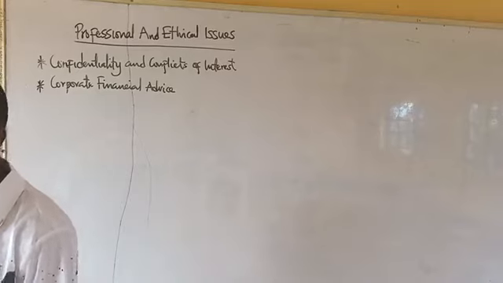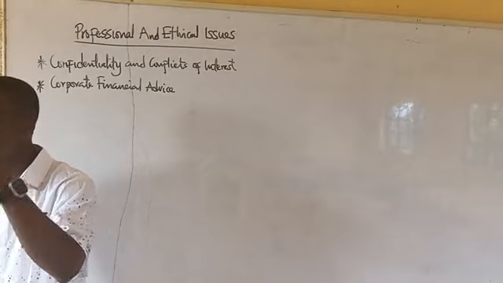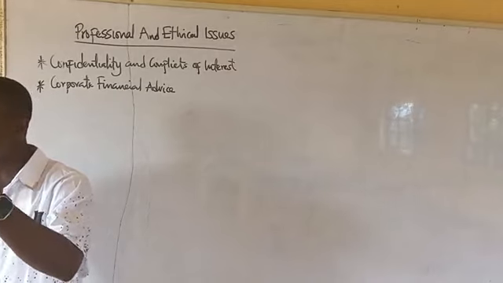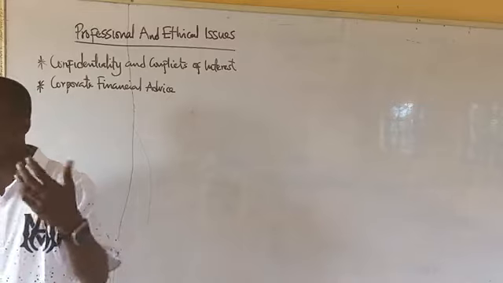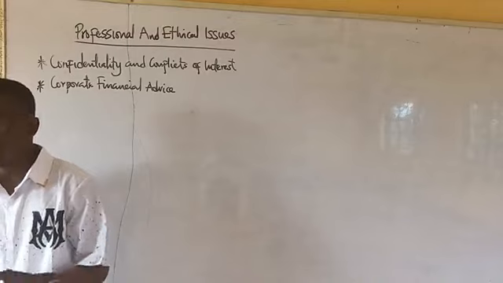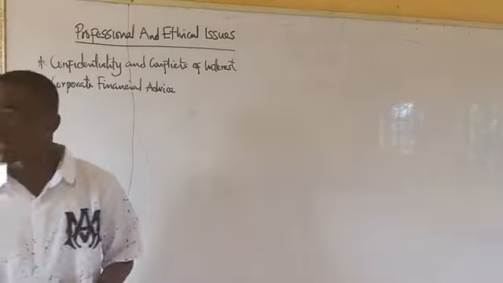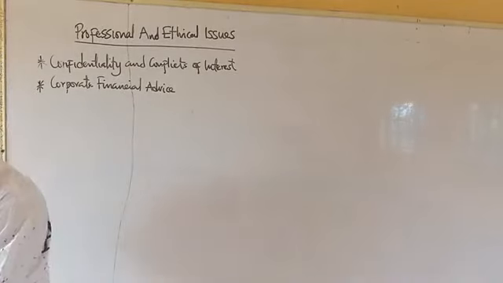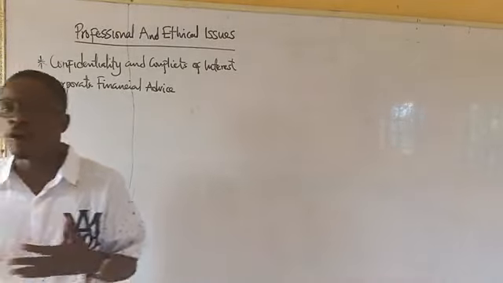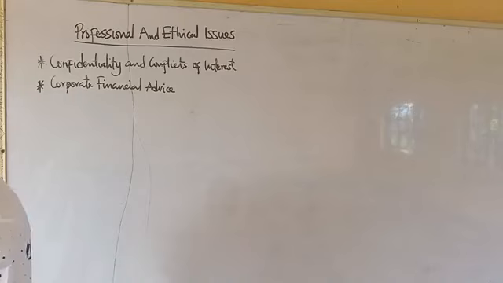And I told you that he can also disclose information to a public authority, for example EFCC, ICPC, when he discovers that his client is into activities like money laundering or terrorism. So it is required by law for the professional accountant to disclose such information. Or he is into drug trafficking.